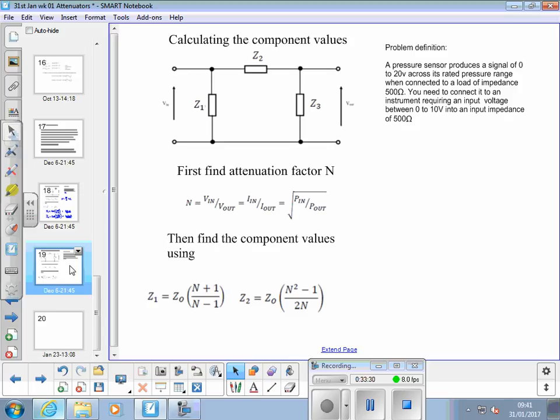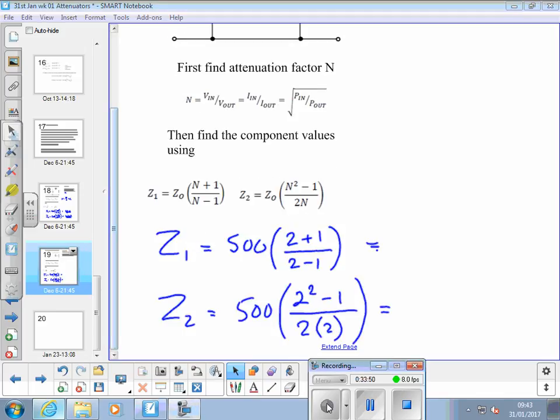So let's find the values using the pi-type. Again, it's the same thing. N is going to be 2. Right, gents, results.